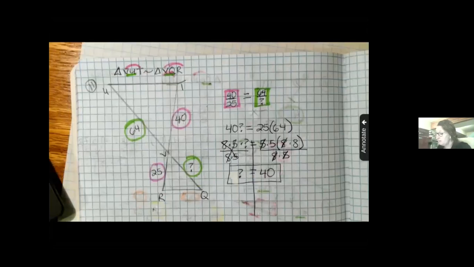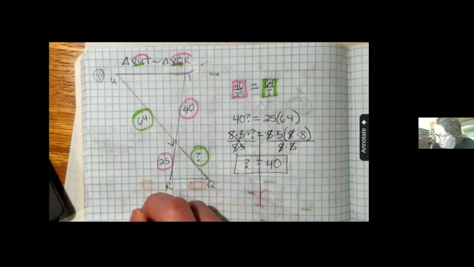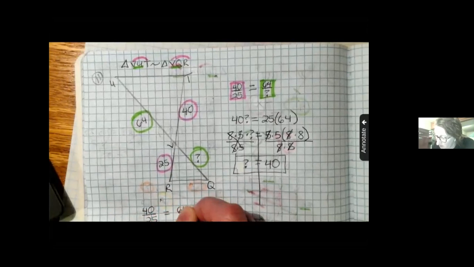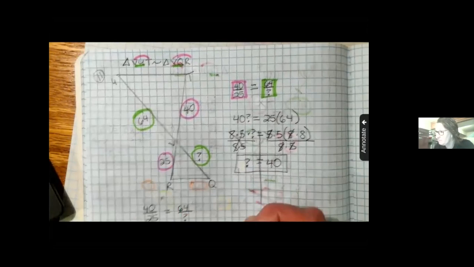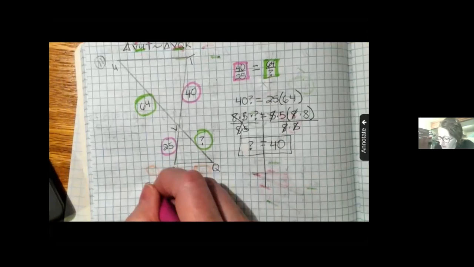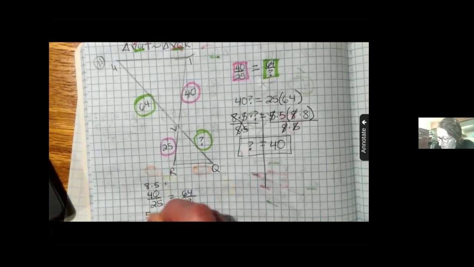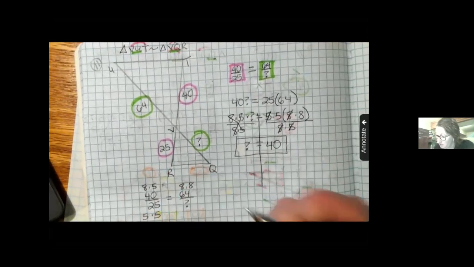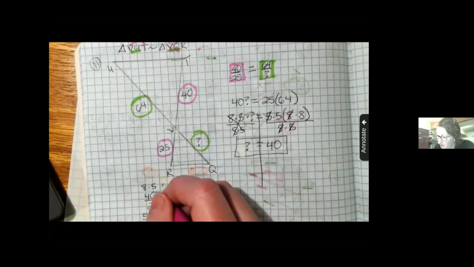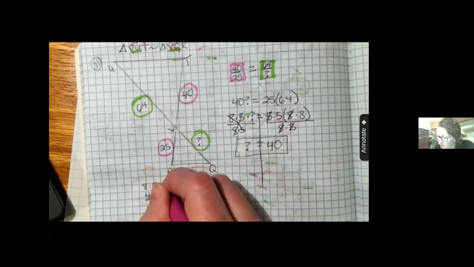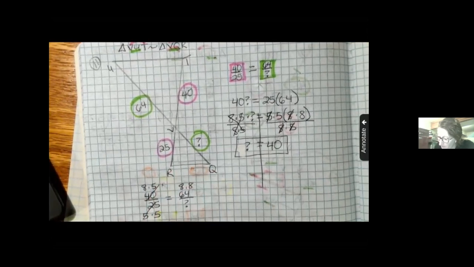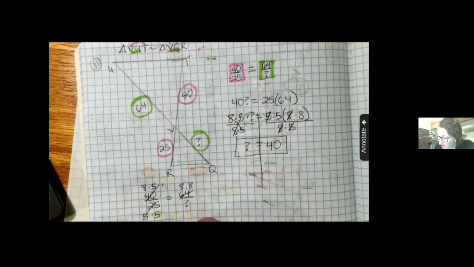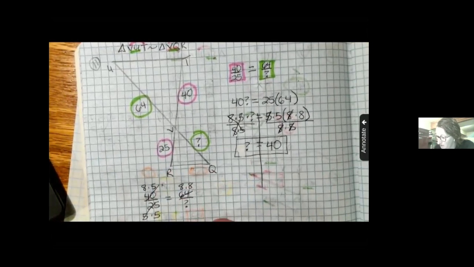Now, the other way you can do it is you can say 40 over 25 equals 64 over question mark. And you can do 8 times 5, 5 times 5, 8 times 8, okay? So you get rid of the 5s, and you have 8 over 5 left, equals 8 times 8 over the question mark.